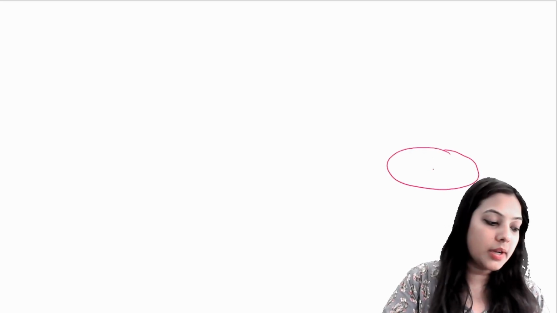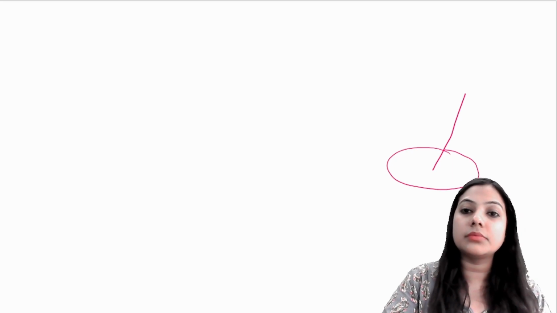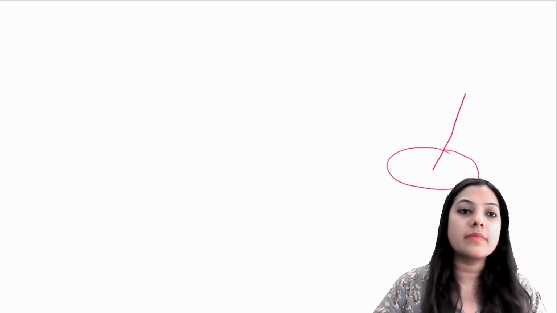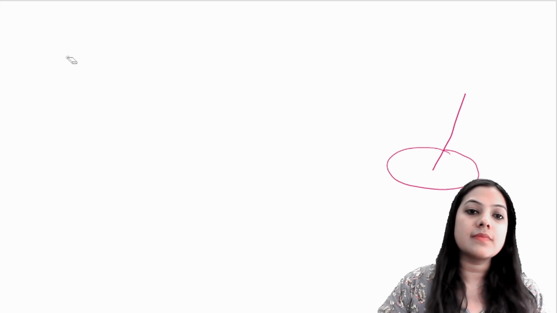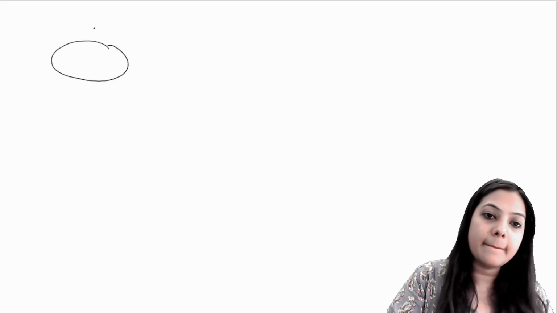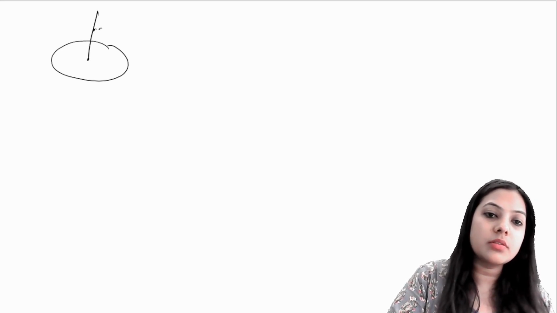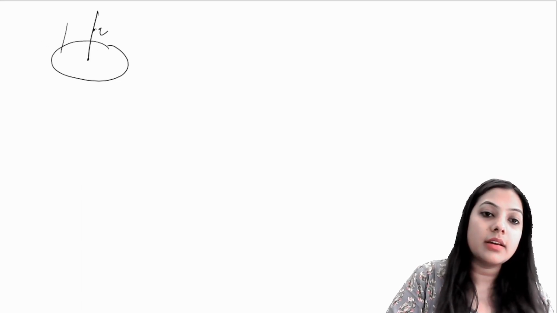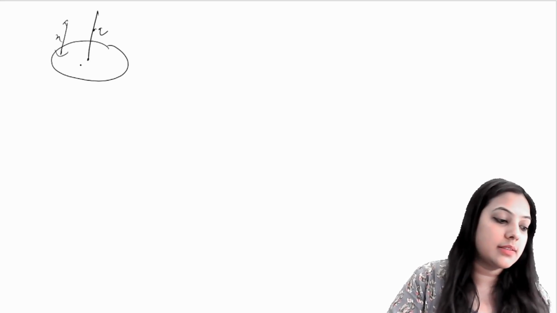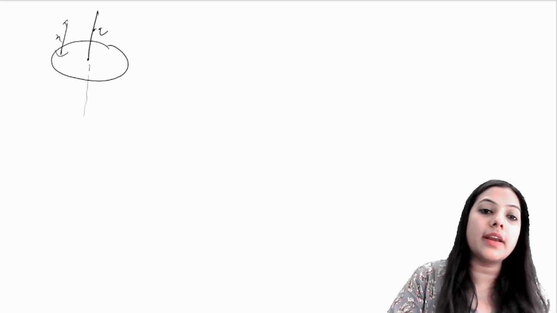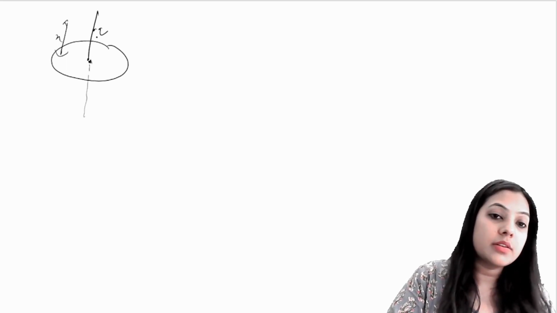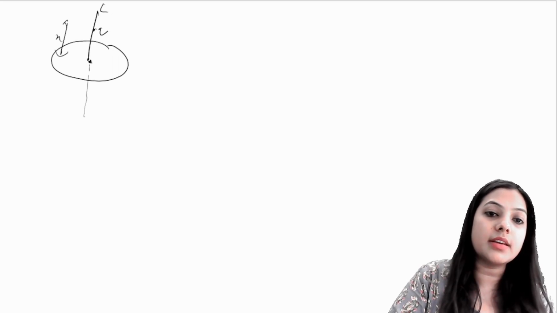This is the ring, with a Q charge, and this is the x distance, and we will have to find the time period. And this is the minus Q charge and this is E.